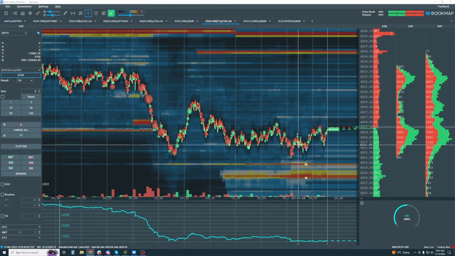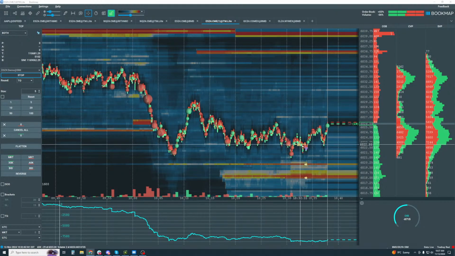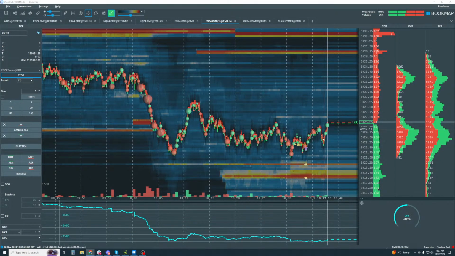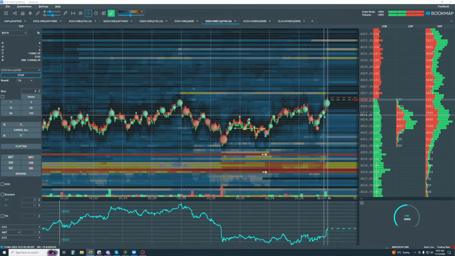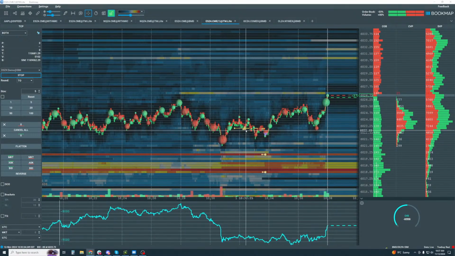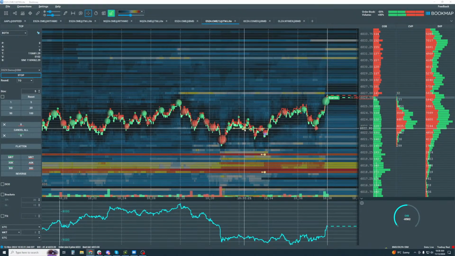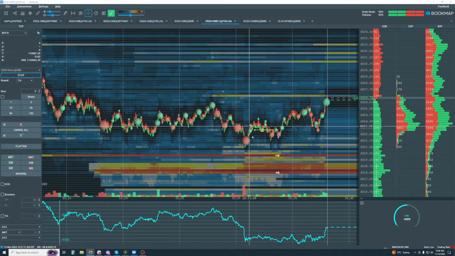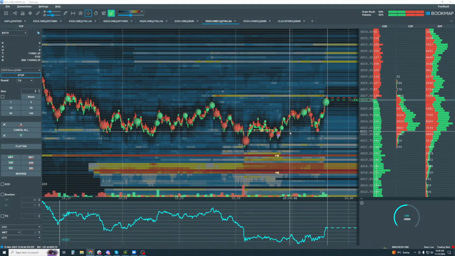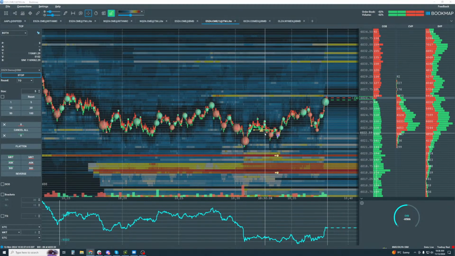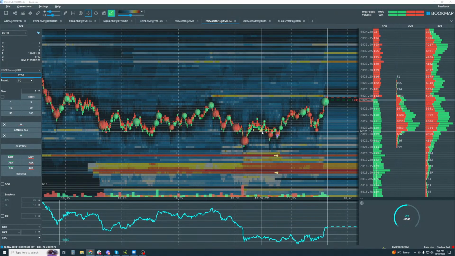So I thought, okay, we'll look for a small pullback and then look for this to come back up. And we didn't know that this was going to happen. What I didn't like about this setup is I didn't have all the pieces here. That's what I'd like to have, all of these pieces together, and then take a position.